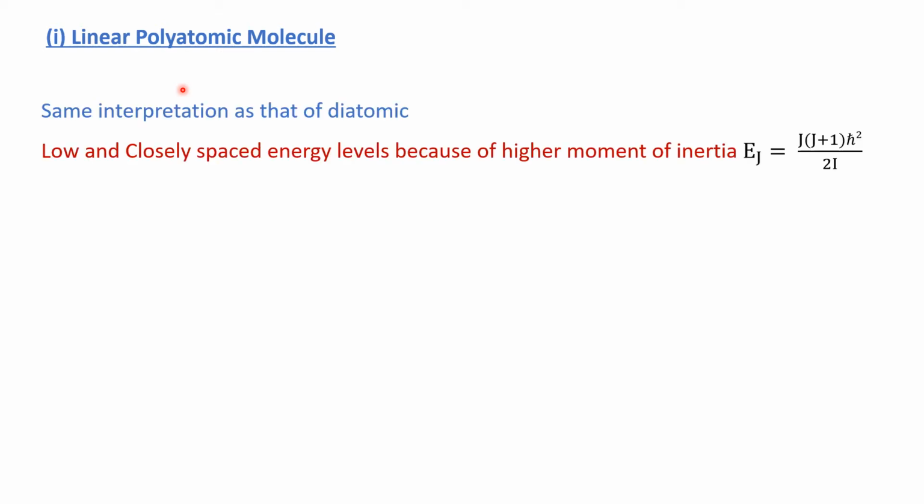Here, first we discuss the linear polyatomic molecule, and fortunately, we have the same interpretation of energy levels for the linear polyatomic molecule as that of the diatomic molecule. The only difference is the low and closely spaced energy levels because of the higher moment of inertia for the linear polyatomic molecule, because the rotational energies are inversely proportional to the moment of inertia.